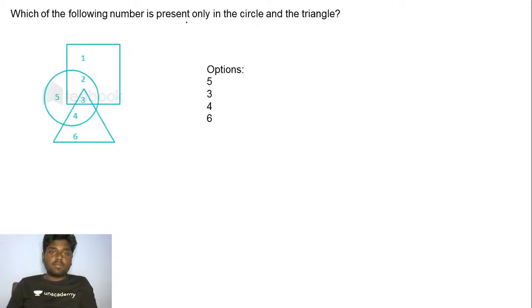Which of the following numbers is present only in the circle and in the triangle? So this is the circle and this is the triangle.